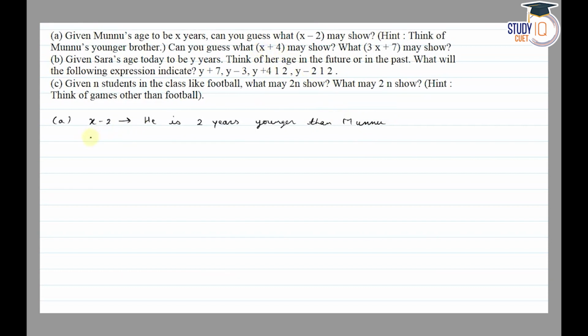Next, x plus 4: he is 4 years elder than Munnu.